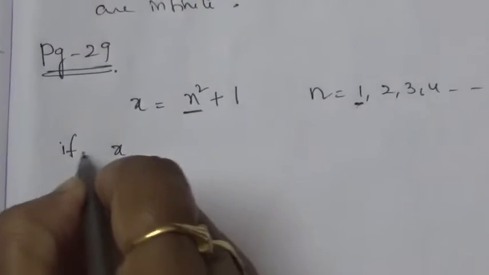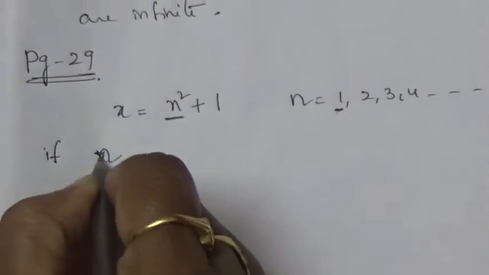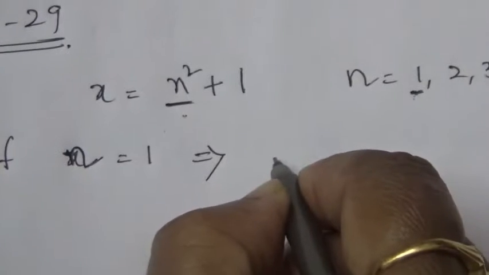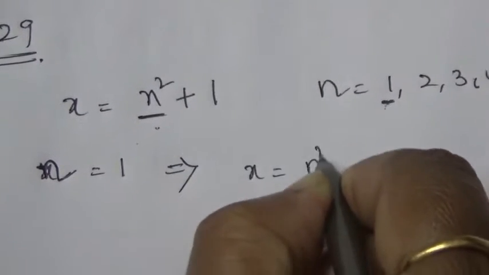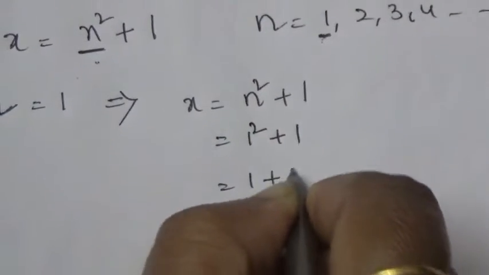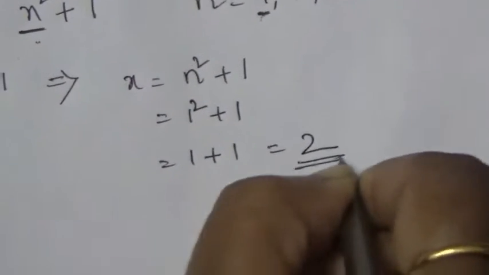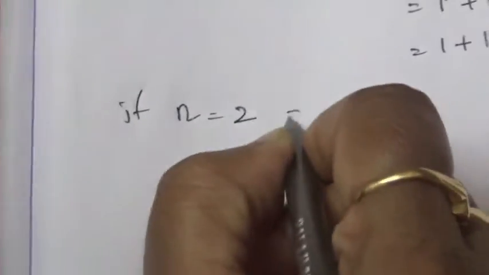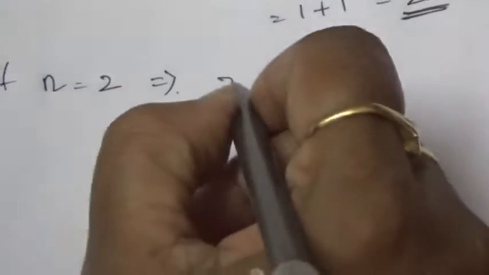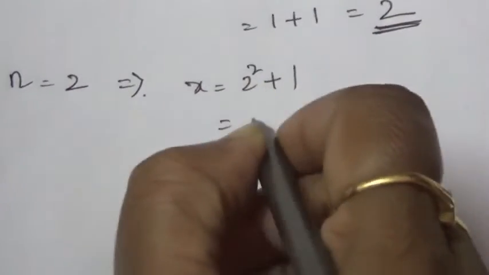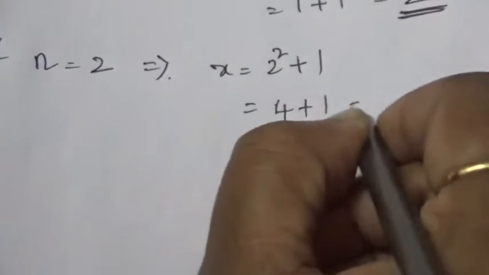Look here. If n is equal to 1, substitute in the formula x equals n squared plus 1, that is 1 squared plus 1, that is 1 plus 1, that is 2. The first number we got is 2. If n is equal to 2, that is 2 squared plus 1, that is 4 plus 1, that is 5.